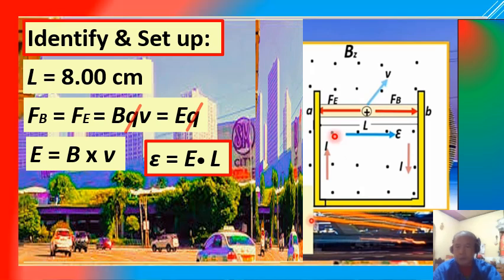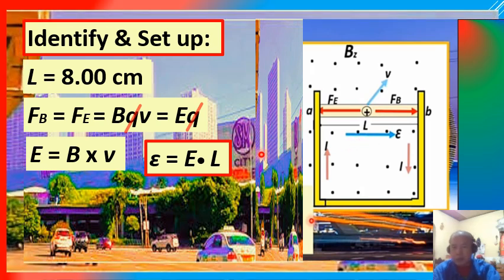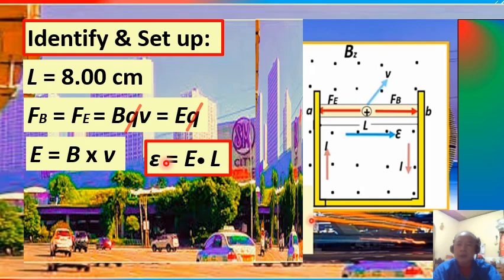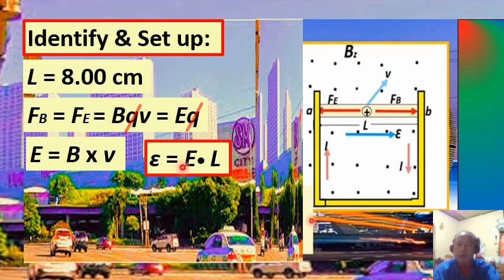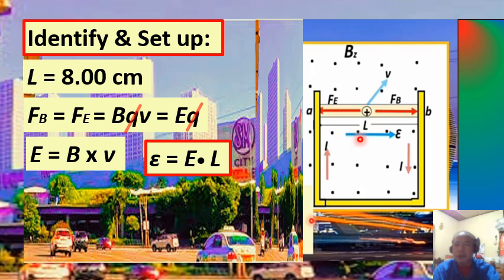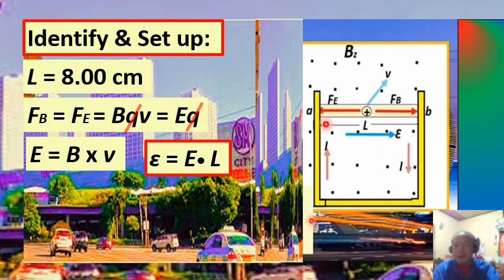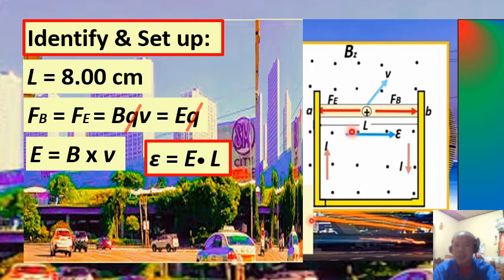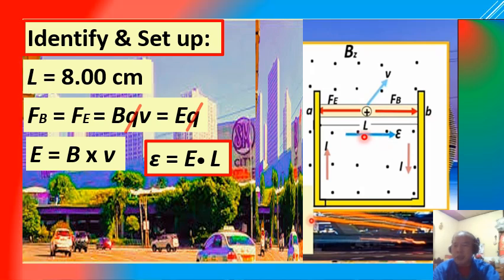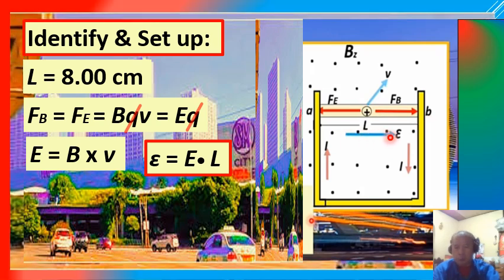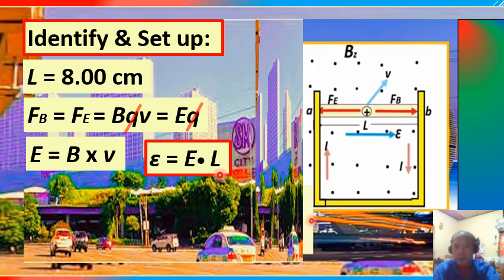All right? So in our figure, this induced motional electromotive force epsilon is directed from point A, or end A, to end B, as represented here by the blue arrow, right?